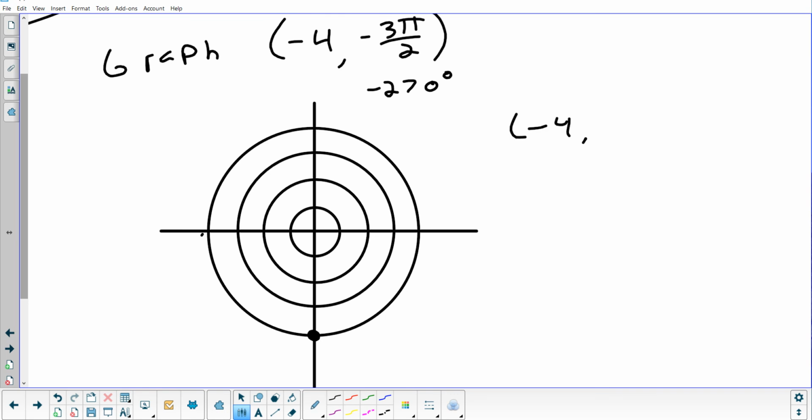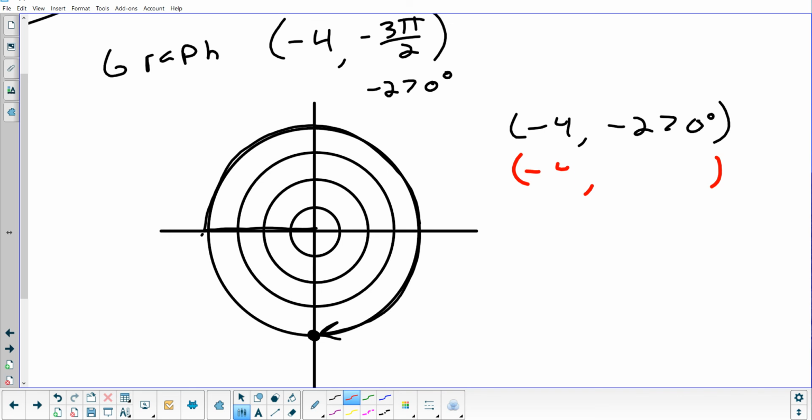Okay, so let me write it in degrees. -4, -270. And this time, let me draw how we got there. Left 4, and then we went around like this. What's another way to get to that point? Another coordinate.